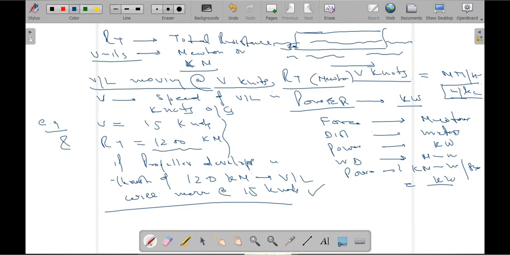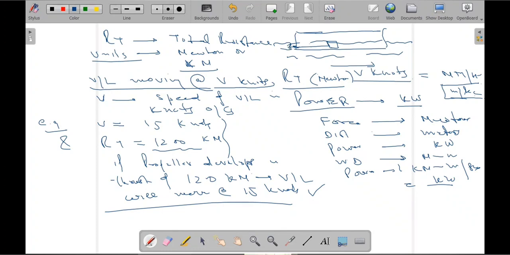So that means there is a relationship between the thrust and the power. And my engines are somewhere here, and the shaft is coming from here. From here you have the intermediate shaft, and then coming out you have the tail shaft, and then the propeller. And that is how this propeller is creating a force or a thrust.